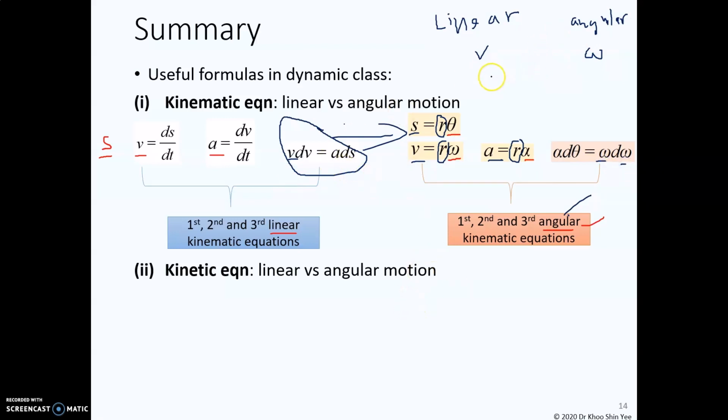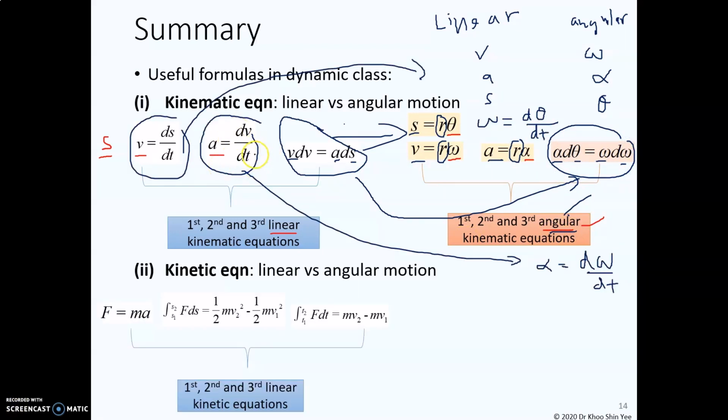Then the acceleration will be alpha, so you change the acceleration to alpha, and your displacement x to theta, which is the angular displacement. So without doing the derivation, we can obtain a new equation for angular motion.